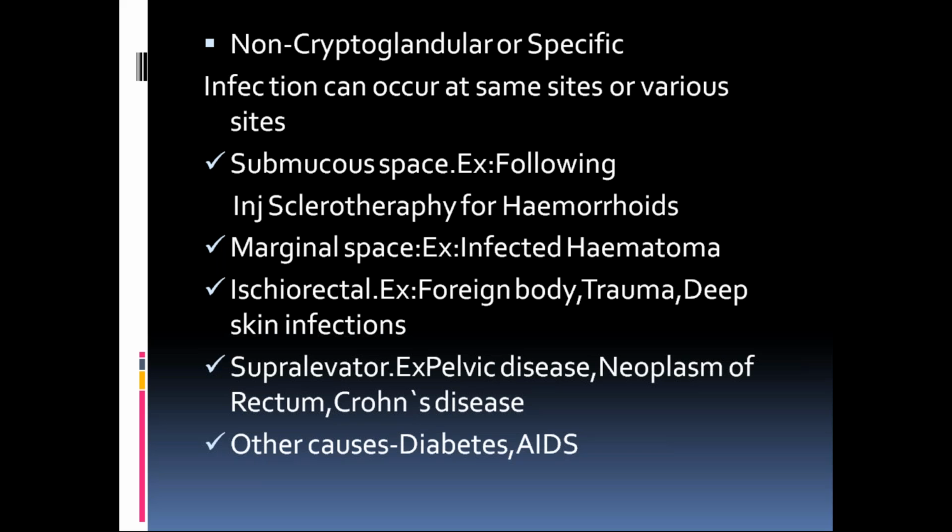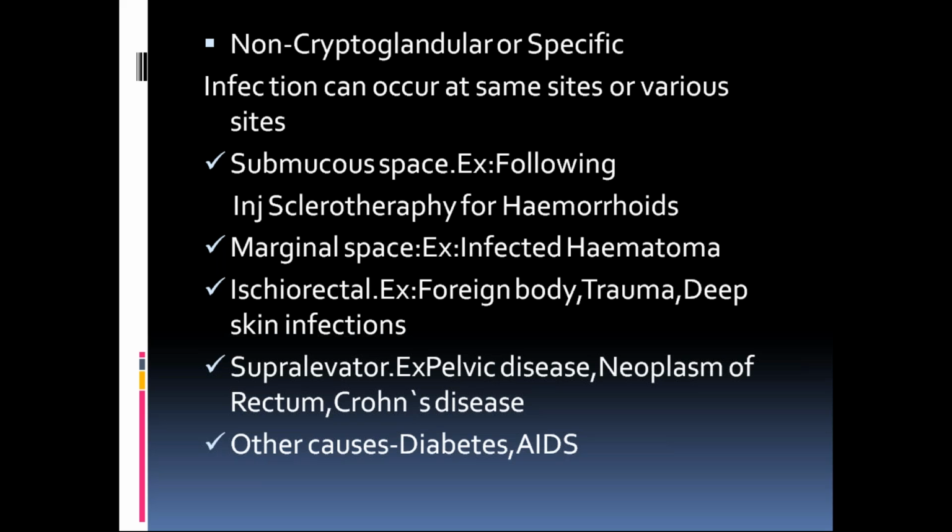If proper precautions are not taken, or while giving the injection there is formation of a hematoma in the submucous space, that will get infected and form an abscess, resulting in a submucous abscess.